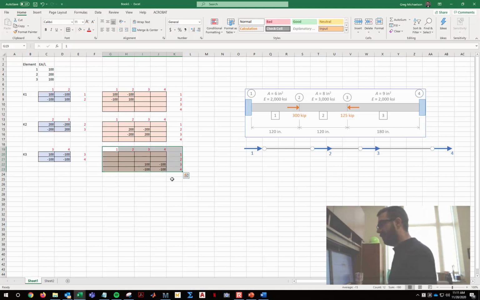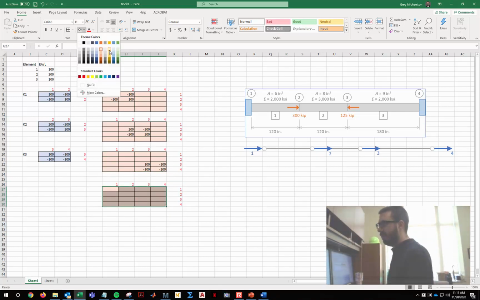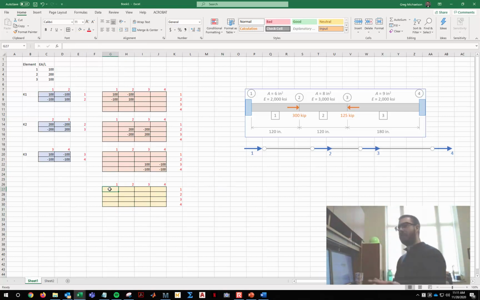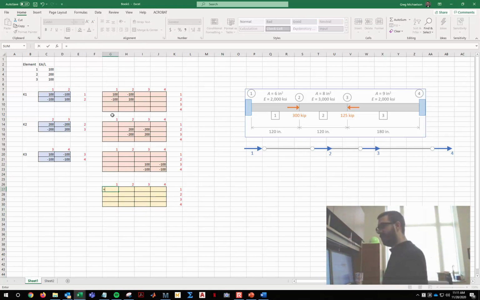So if I want to assemble, all you're doing is summing term by term. So let's make this, I don't know, let's make it a different color. And then in order to determine the system level matrix, I just say equals the sum of each of the respective terms one by one.